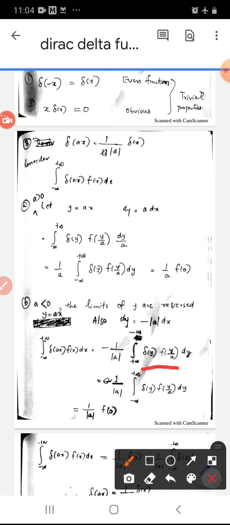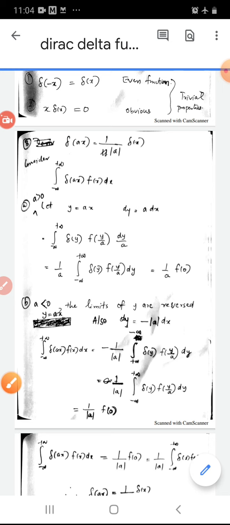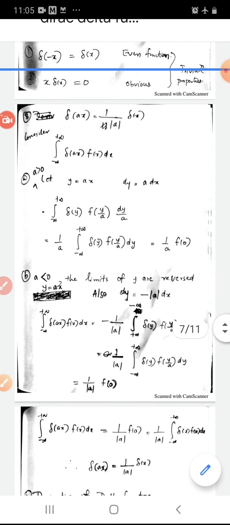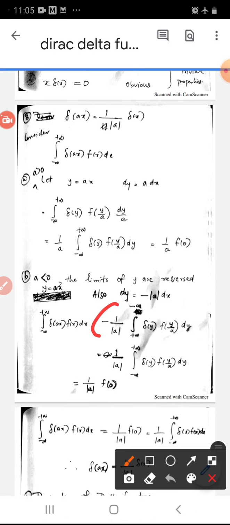Then this negative sign here changes the integration limits from plus infinity to minus infinity, to minus infinity to plus infinity.